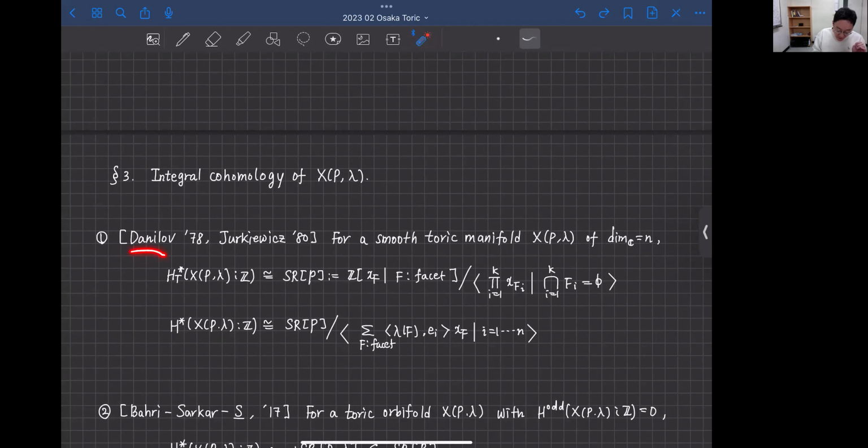A long time ago, Danilov and Jurkiewicz proved that for a smooth toric manifold of complex dimension n, not just two dimensions but in arbitrary dimension, its equivariant cohomology ring is isomorphic to the Stanley-Reisner ring, which is a truncated polynomial ring: polynomials with variables corresponding to each of these facets, and an ideal generated by square-free monomials like this.